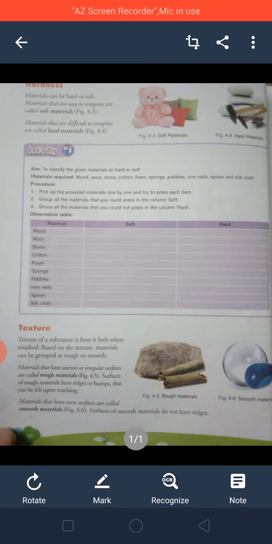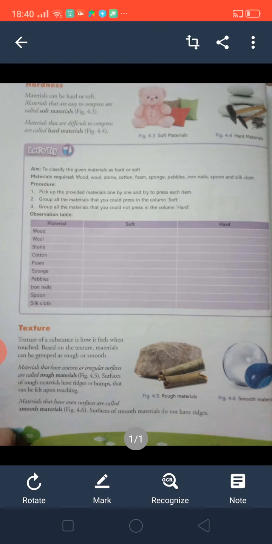Shiny things are called lustrous things. Means things that have shine are known as lustrous things, and the materials that are not shiny are called non-lustrous things. Now today we are ready to do one more activity.